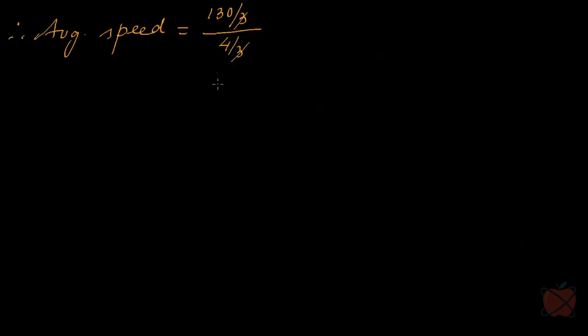So obviously this 3 and this 3 will get cancelled. So you have 130 divided by 4. How much is this? It comes out to be 32.5 kilometer per hour. That is the answer.